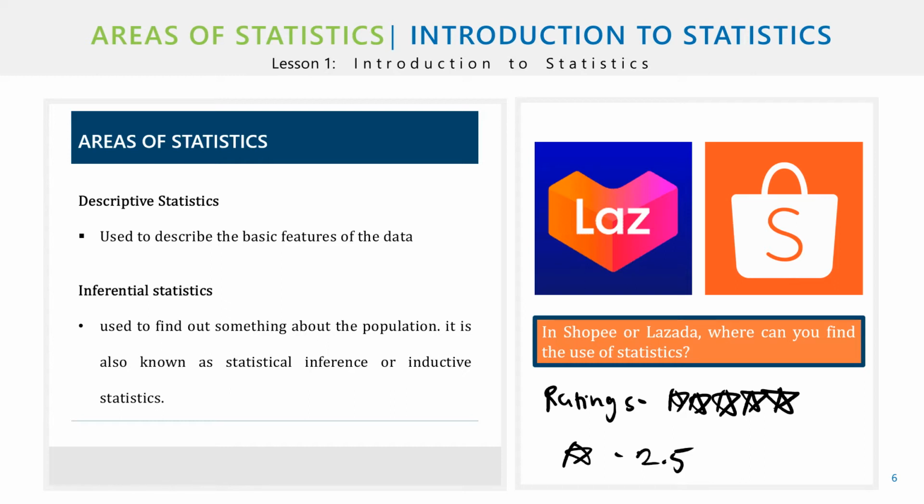It helps us to make decisions. So, ibig sabihin by using statistics, hindi tayo magpapadalos-dalos sa desisyon. Di ba? Iisipin muna natin na 2.5 lang yung rating pero maganda naman yung nasa picture eh. So, kung makikita mong 2.5 yung rating, kahit maganda yung nasa picture, bibilhin mo pa kaya? Di ba? Syempre hindi. And that is one of the uses of statistics. It helps us decide whether you can buy it or not.